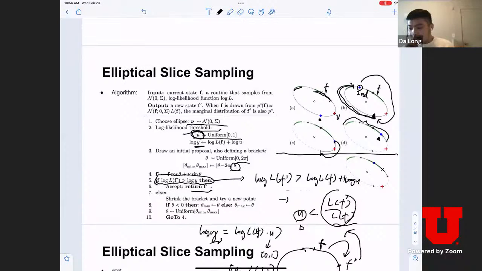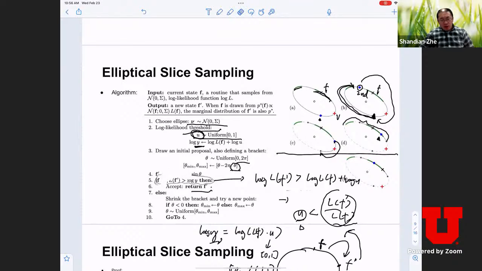And then it makes the bracket theta minus 2 pi to theta. So can you explain the shrinking procedure again?